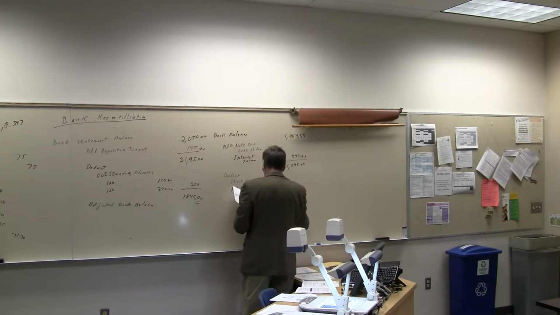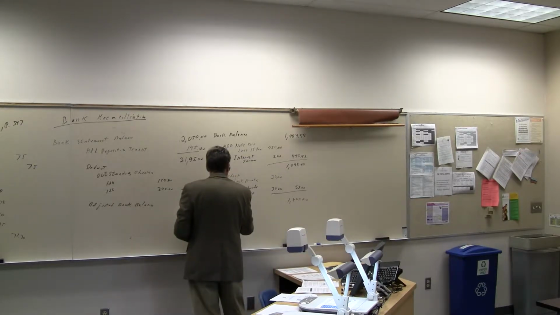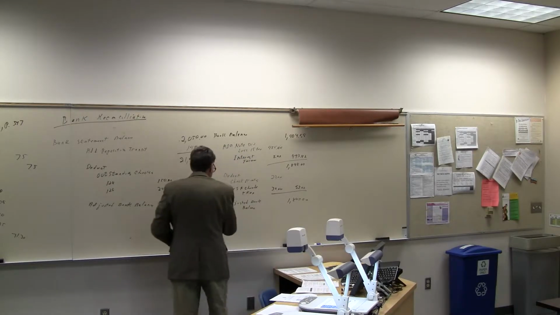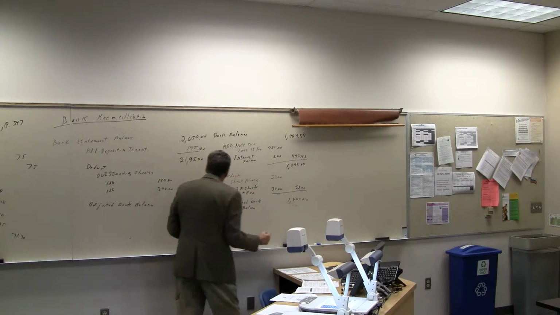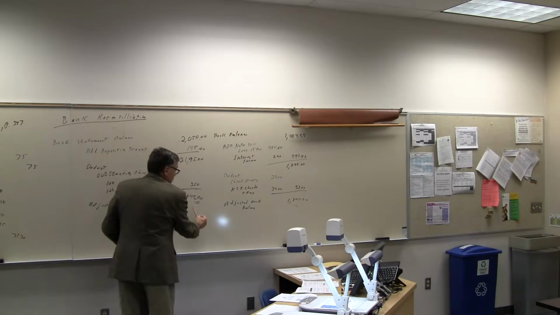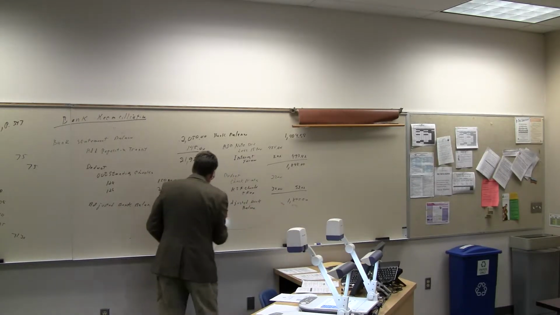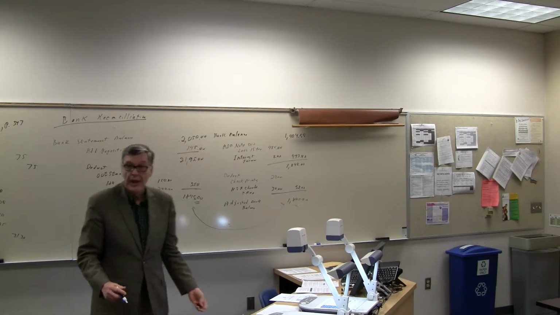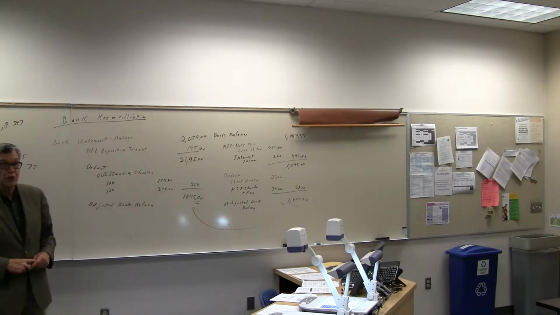You subtract it, and it equals $1,845. Okay? That's your adjusted book balance. And the adjusted bank balance has to equal the adjusted book balance, and if they don't equal, then there's some error. You erred. Okay, does that make sense?